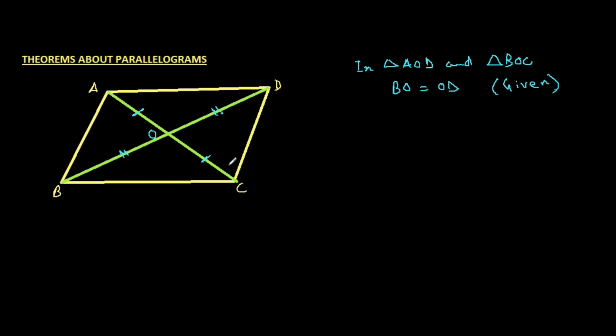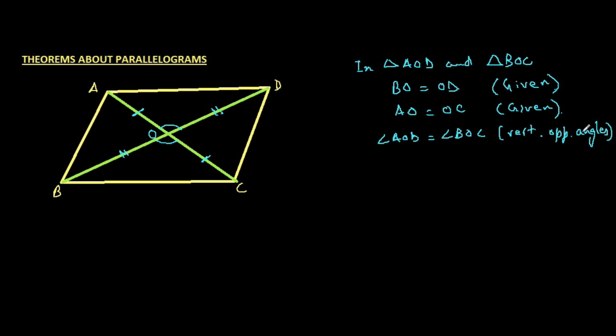We know that AO is equal to OC, that again has been given to us. And we know that this angle here is equal to this angle here. So we can write that angle AOD is equal to angle BOC. Now how are they equal? Because they are vertically opposite angles. So I can just write that here, vertically opposite angles.